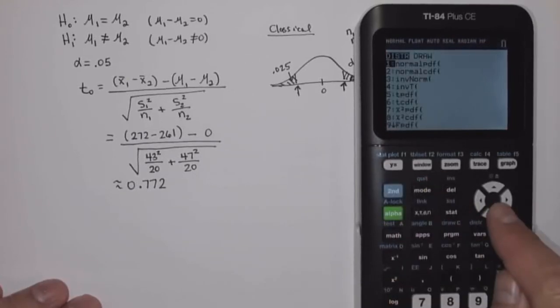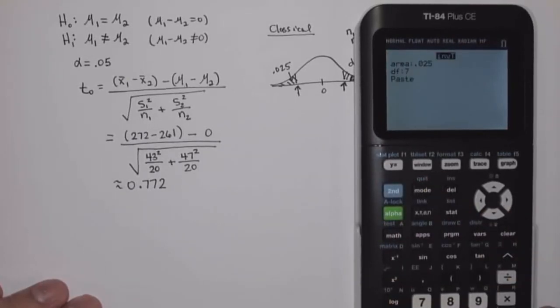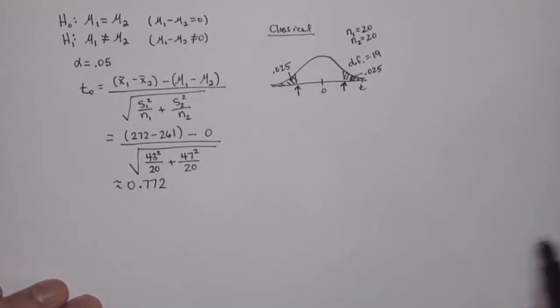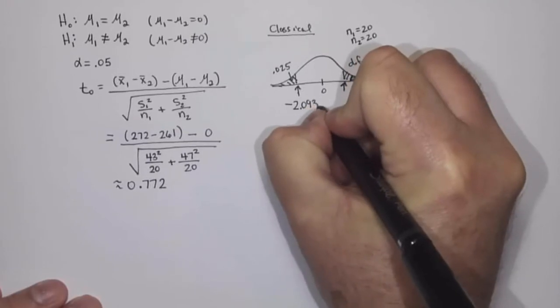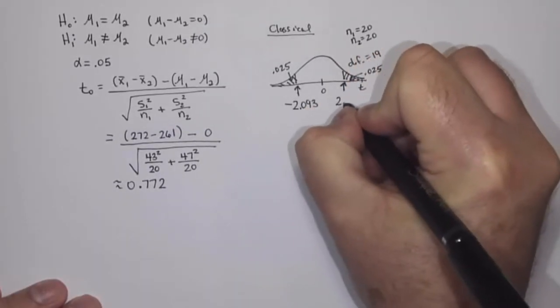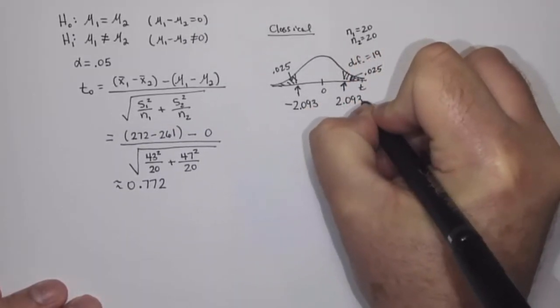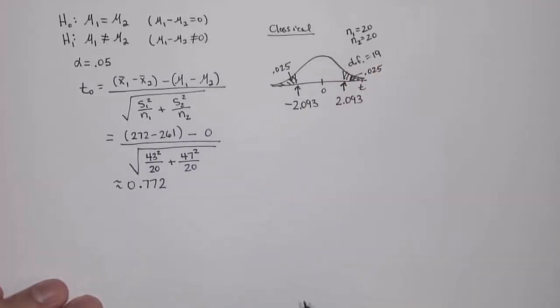My area in the left tail is 0.025, with 19 degrees of freedom. If I calculate that, I get negative 2.093. So this value is negative 2.093, which means this one is positive 2.093 by symmetry.